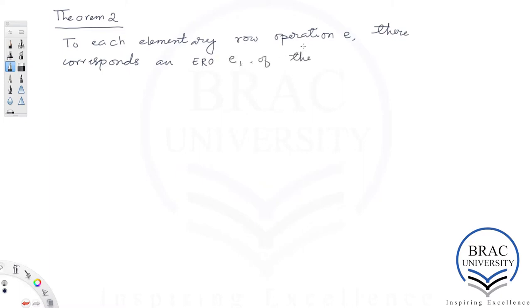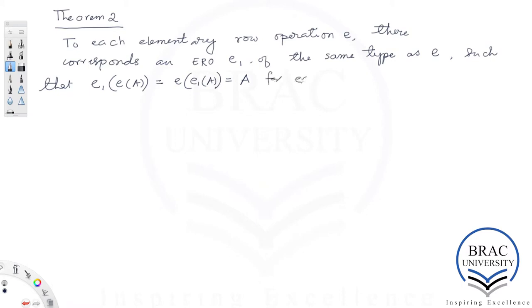So there are three types discussed earlier. So E1 of the same type, that is E and E1 belong to the same type, such that E1 of E of A is the same as E of E1 of A is equal to A for each A in the space of m times n matrices over the field F.